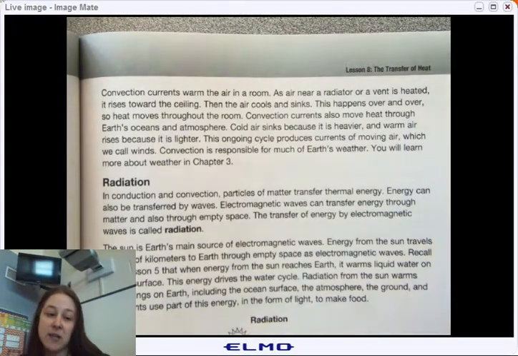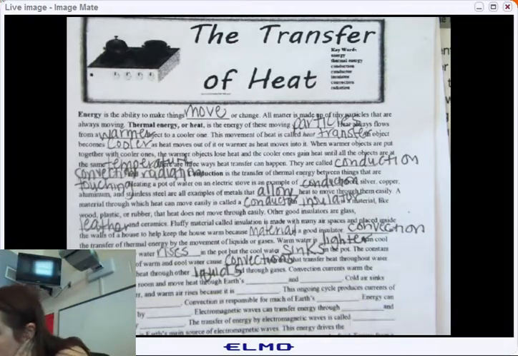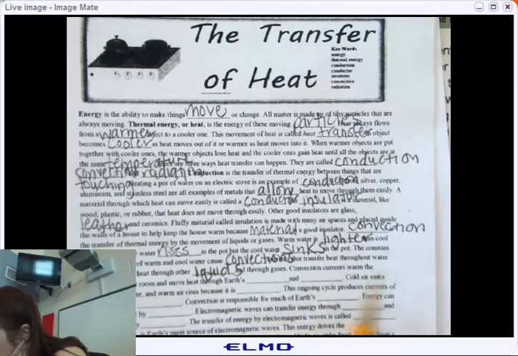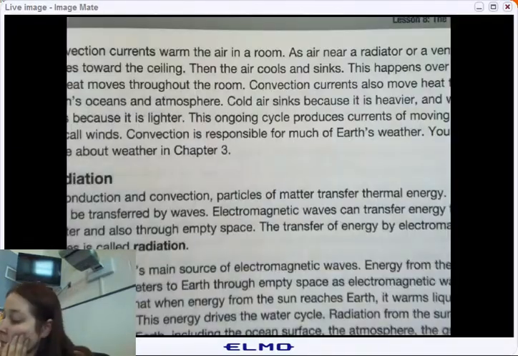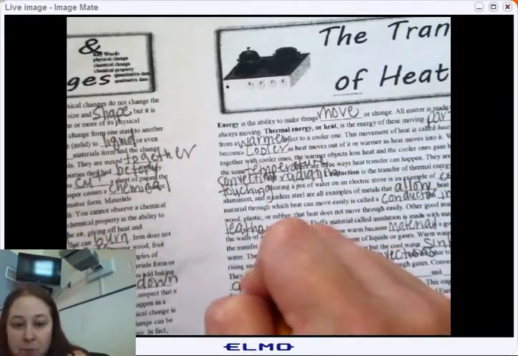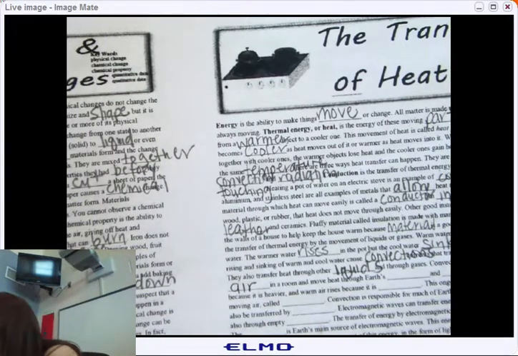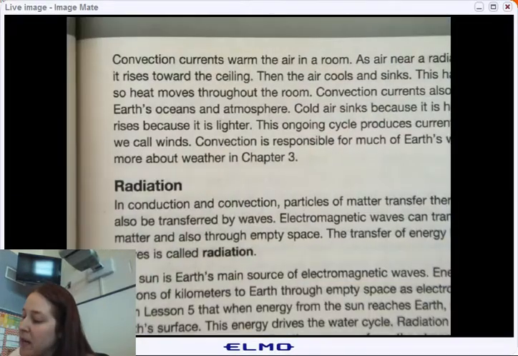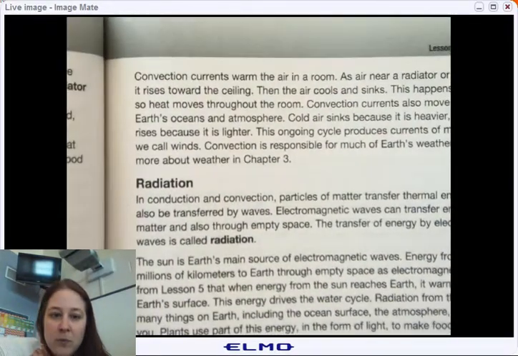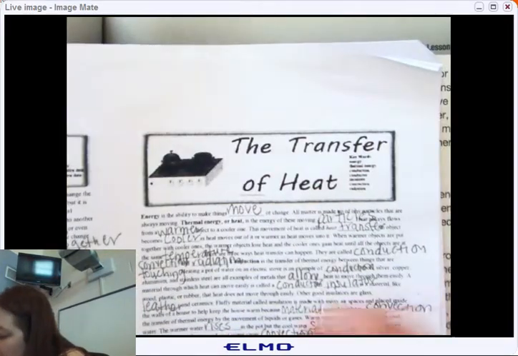So, let's see if we can answer anything. Convection currents warm the blank in a room. What's it warming? First line, air in a room, and move heat through Earth's blank and blank. What are they moving it through? Earth's oceans and atmosphere.